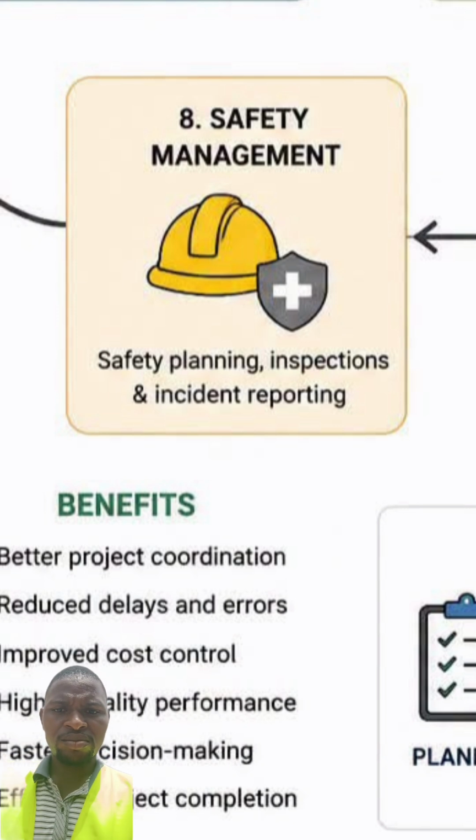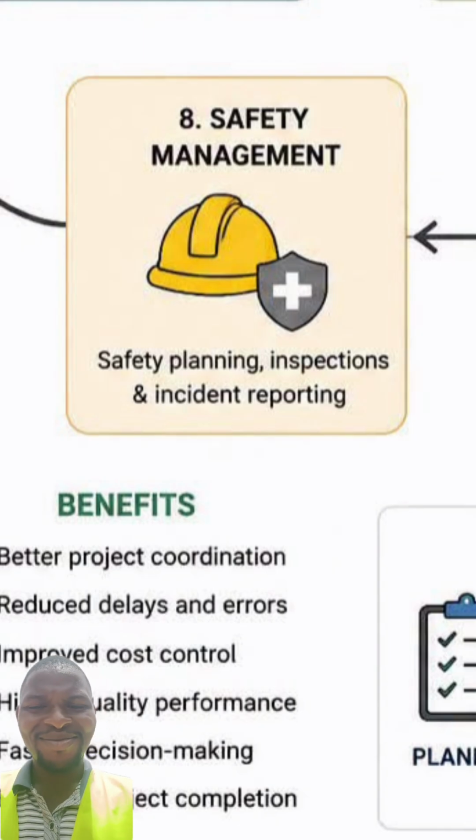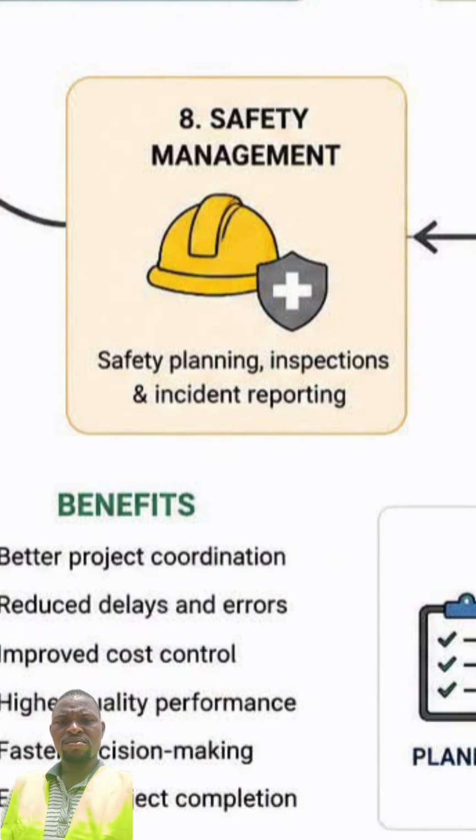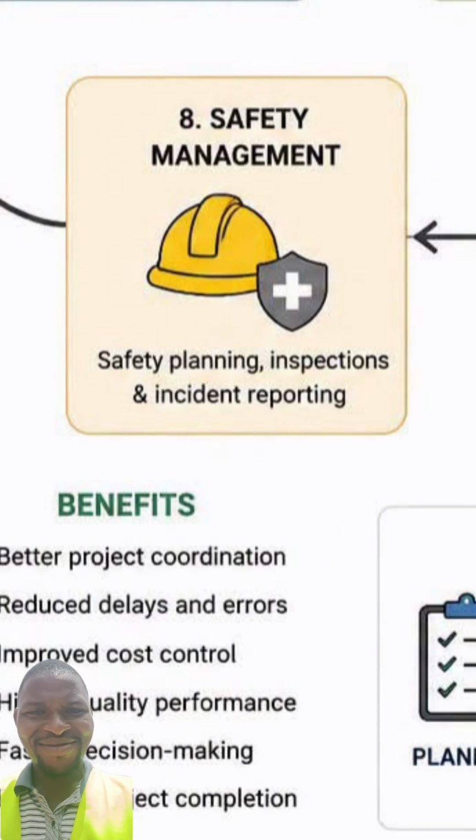So you plan for their safety, then you also do inspections, because sometimes you just go on site, you see how unkept and hazardous the practices going on site are. So you have to do inspection to ensure that your labor, your workforce, is safe.